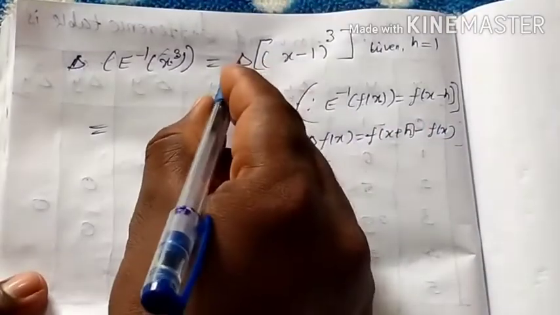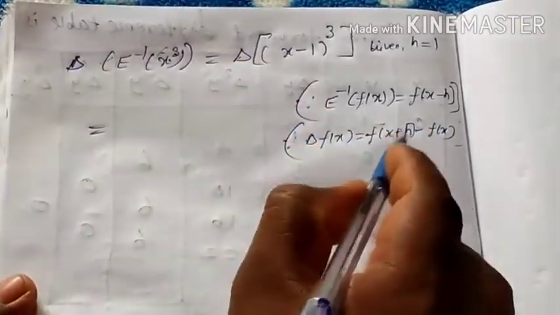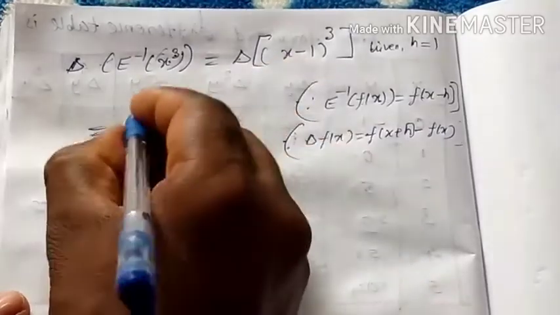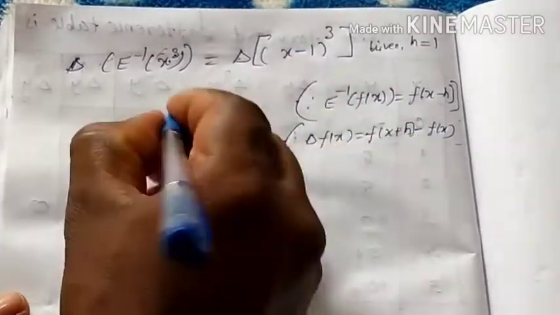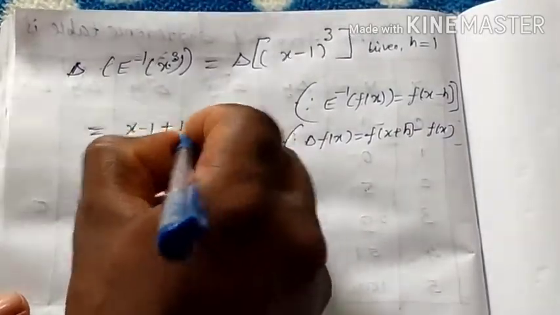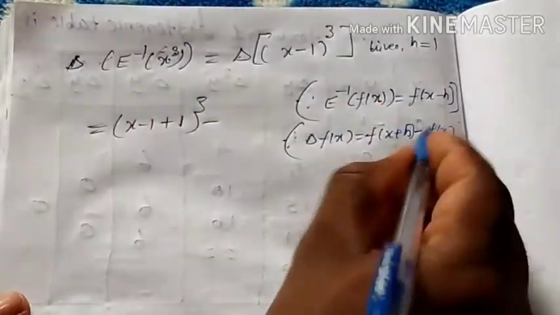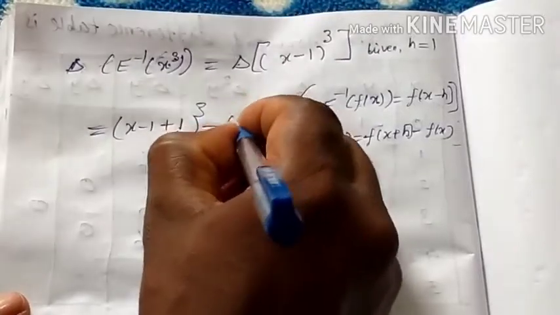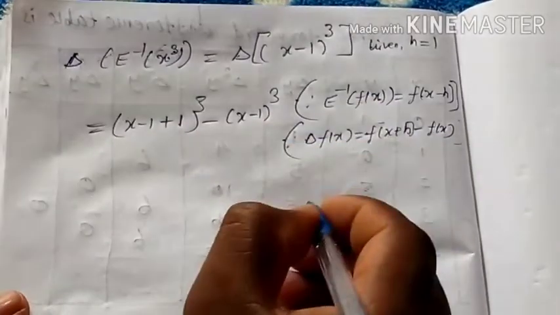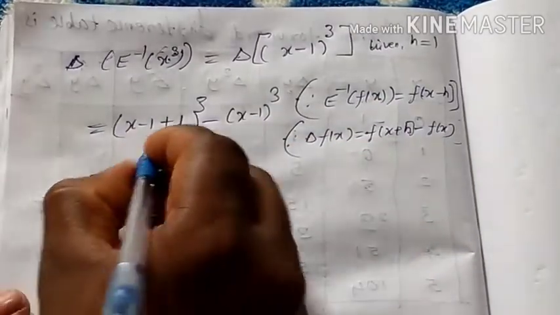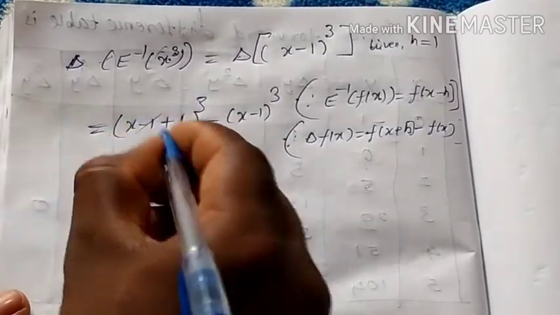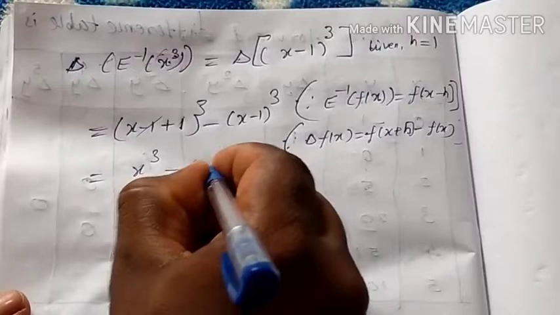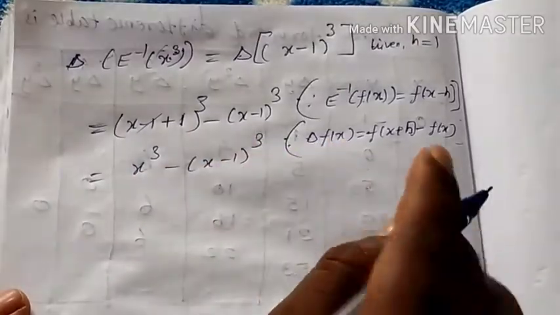So delta into f of x: f of x plus h, with h is 1, the whole cube, minus f of x is x minus 1 the whole cube. Which is equal to x minus 1 plus 1 is cancelled, so remaining x cube minus x minus 1 the whole cube.